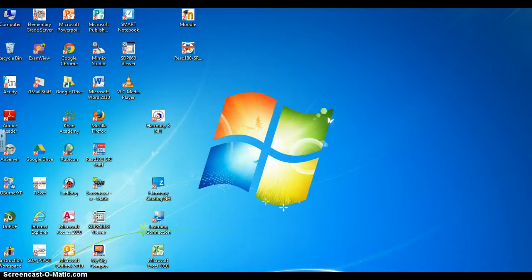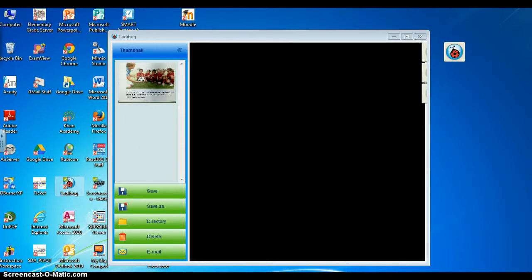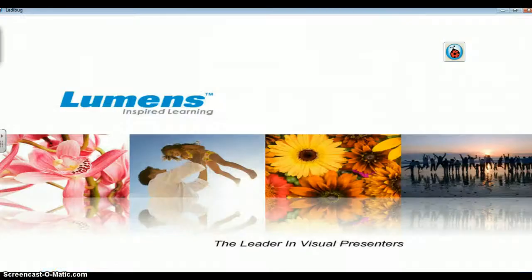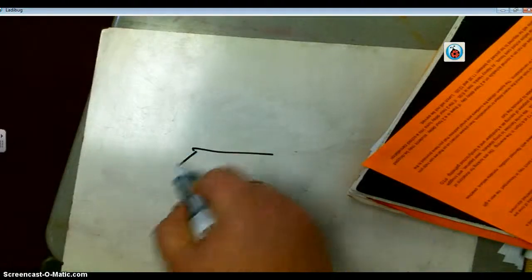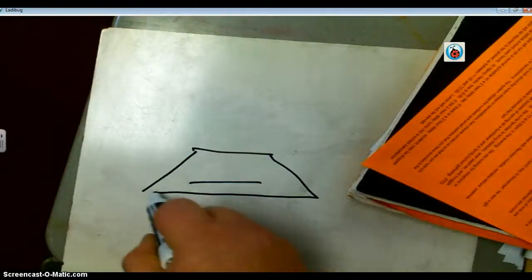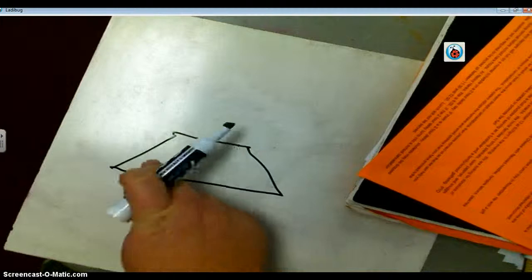So if you're saying two parallel sides, you're telling me that this would be a parallelogram?